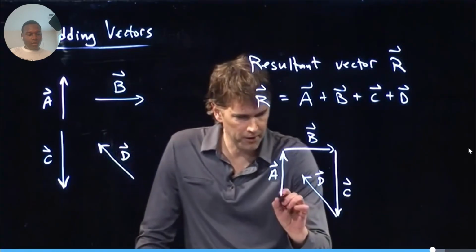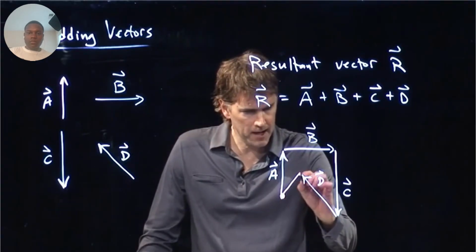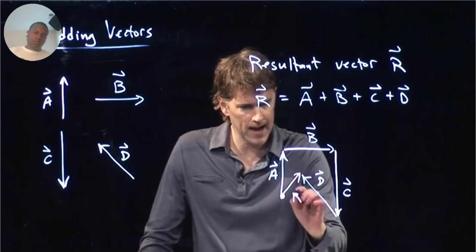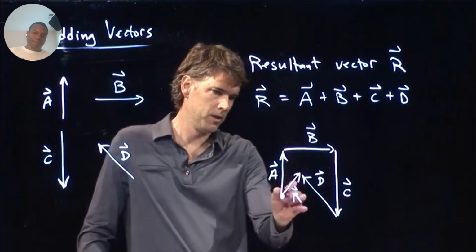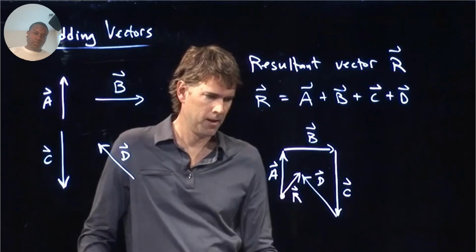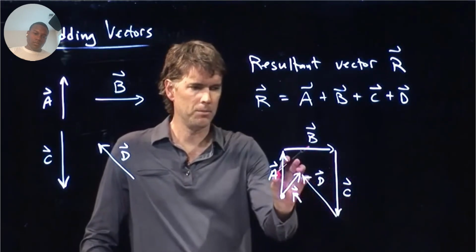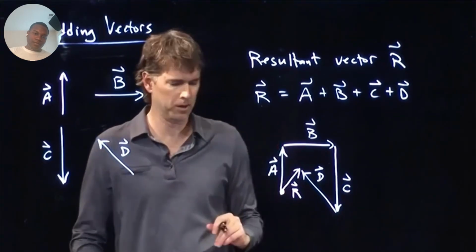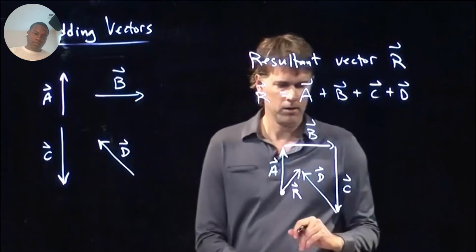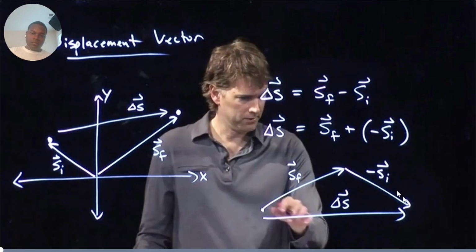R, you start at the very beginning of the problem and you go to the very end of the last arrowhead. So R is that little arrow right in there. And that graphically will now allow you to approximate what the length of that vector is going to be and what angle it's going to be. And so you can double check with your calculations when you're all done. Very cool. Very cool. All right.